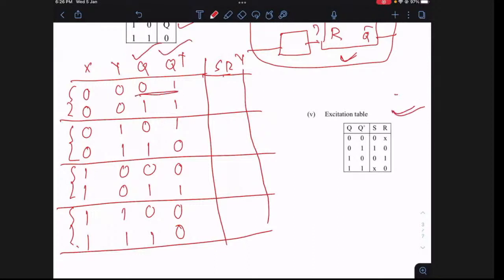So Q plus is 0, 1. 0, 1 means it is 1, 0. So 1, 0. 1, 1. 1, 1 means it is don't care, 0. So this is don't care, this is 0.